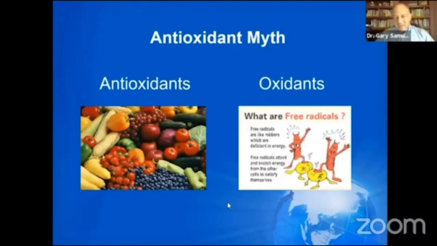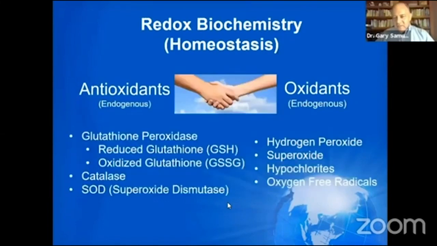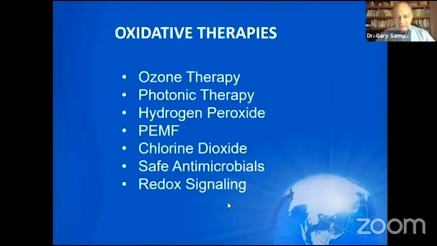The antioxidant myth is that oxidants are bad and antioxidants are good, and you only can get them from vegetables. That's not true. Both antioxidants and oxidants are produced inside your body and are necessary companions for the healthy working processes inside your body.